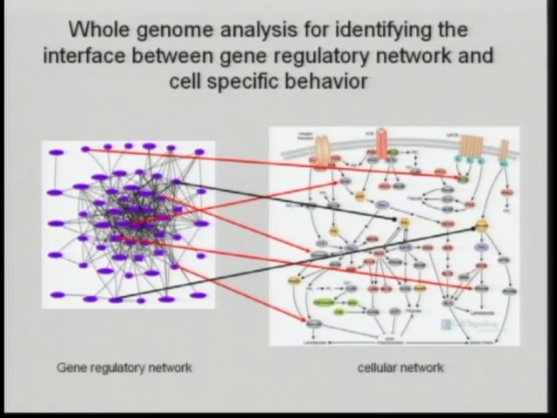Thus, it's important not only to understand the individual functions of these nodes, but also to elucidate the interface between the gene network and the cell biology network. If you can understand how these genes are deployed in different cell types by the transcription factors, then you can understand how different cell types and behaviors are generated.